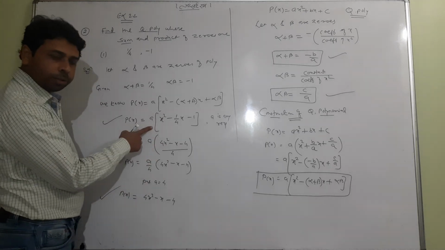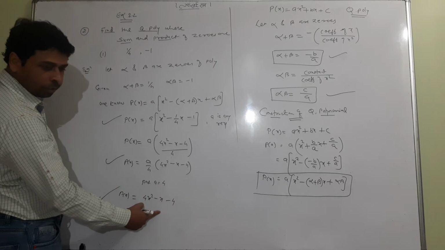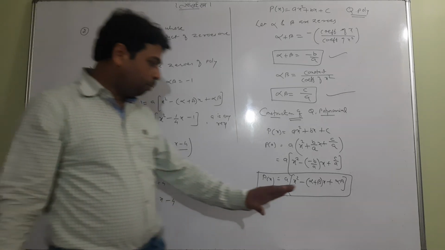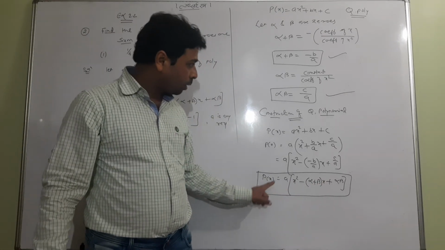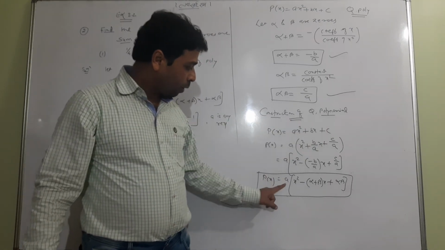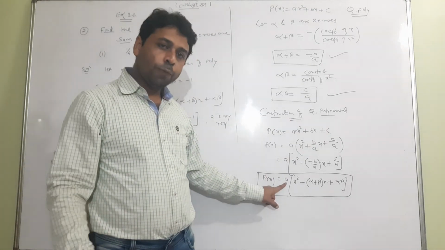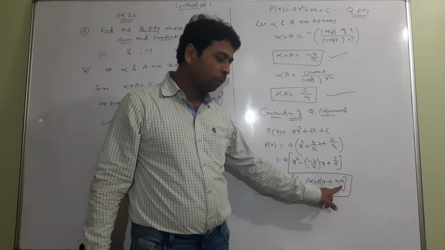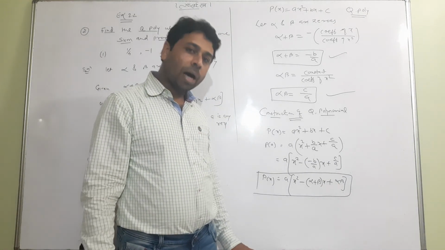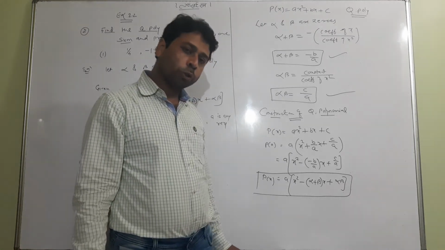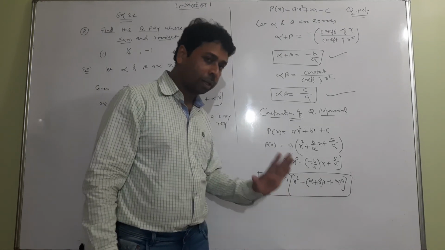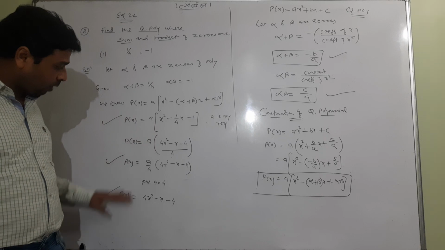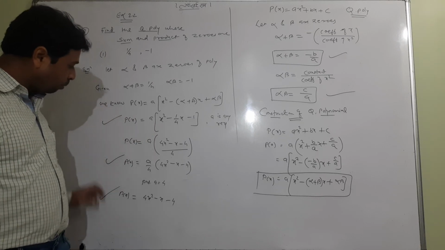You can drop your answer here, here, or here. Sometimes in a few books, the a in the construction of the polynomial may be absent. So if you put a as 1, it is only x square minus alpha plus beta x plus alpha beta, which is also acceptable. But I will do all questions with this formula where a is a real number. You can drop your answer anywhere where the right sign is marked.